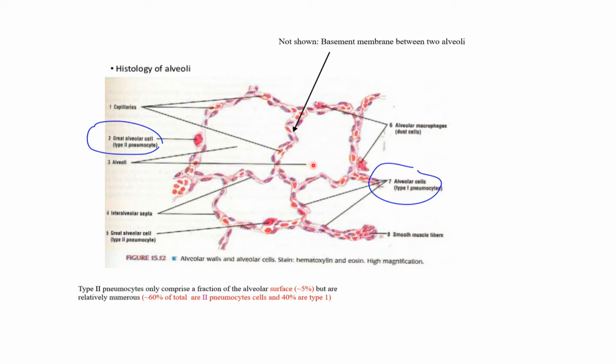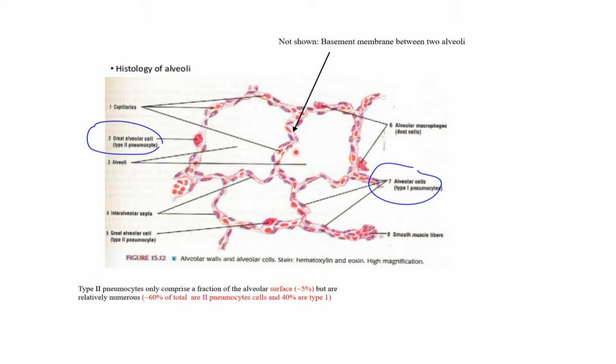Each one of these structures is an alveolus, and together they make alveoli. So each singular is alveolus and plural is alveoli.